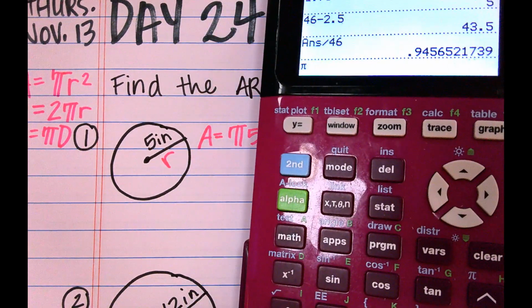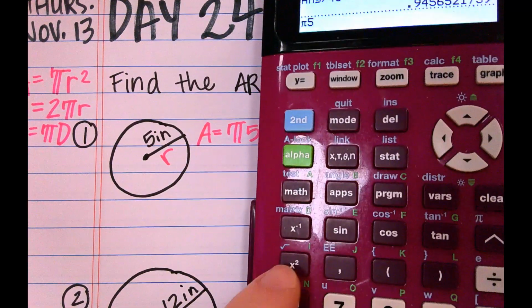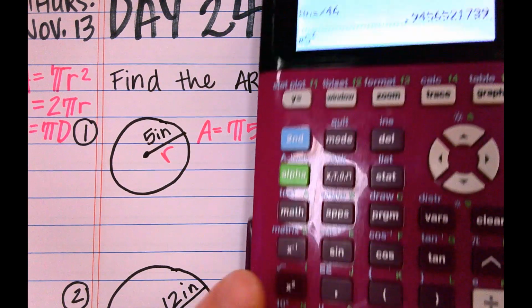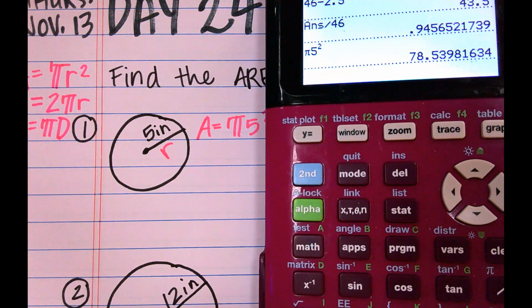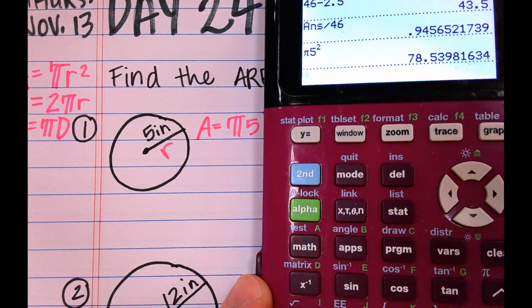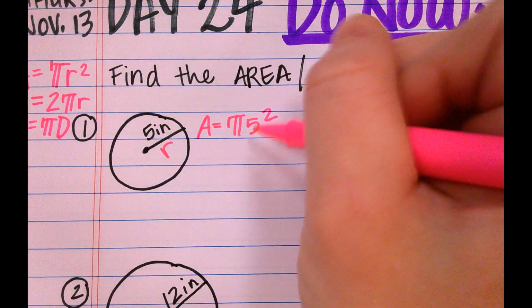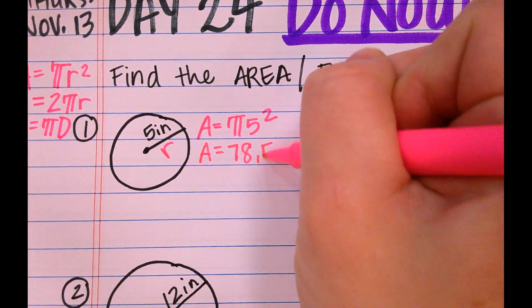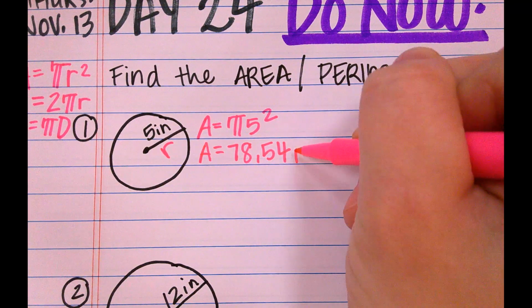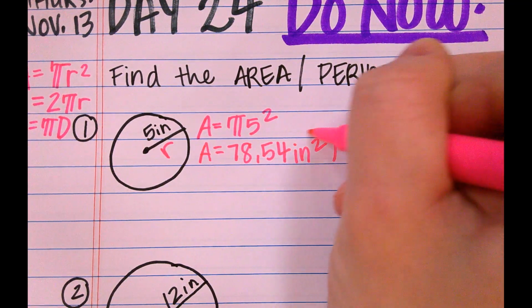There's pi. 5 squared is the x squared button. Enter. And that is our answer, 78.54. What are my units? Inches squared. So 78.54 inches squared.